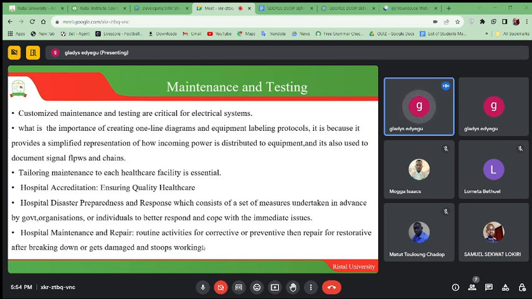It helps to direct and helps in timely addressing of issues in relation to power problems. So tailoring maintenance to each healthcare facility is very essential.